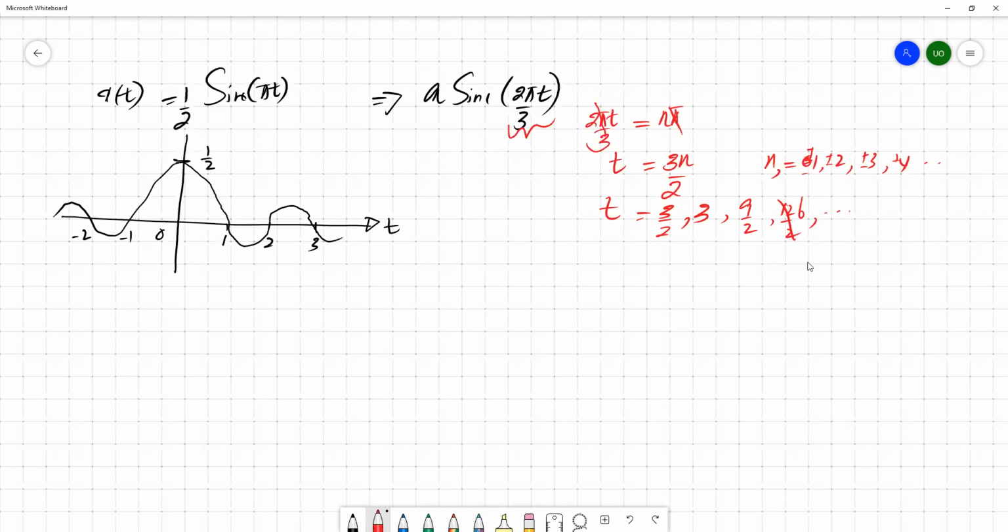So you can easily find the zero crossing points. Zero crossing points means these points.